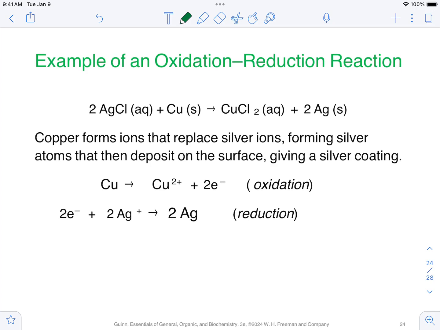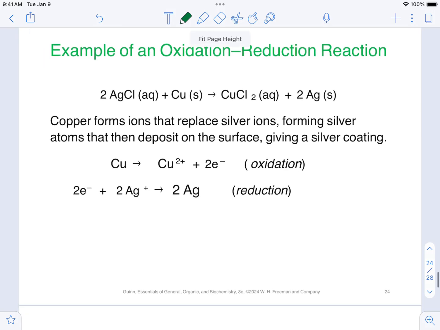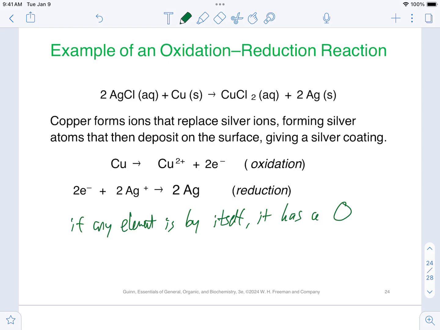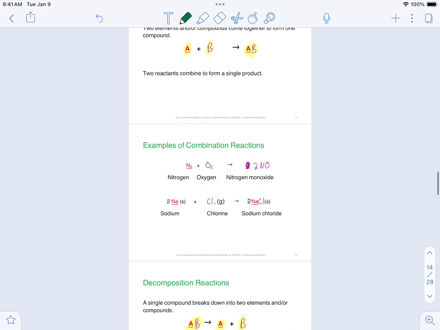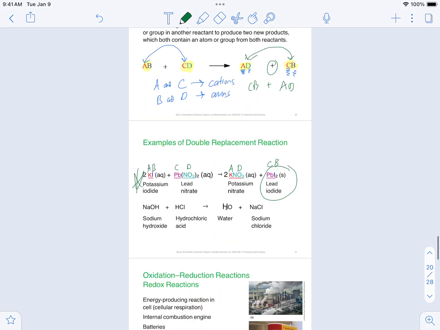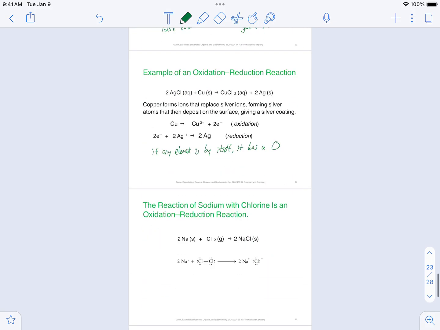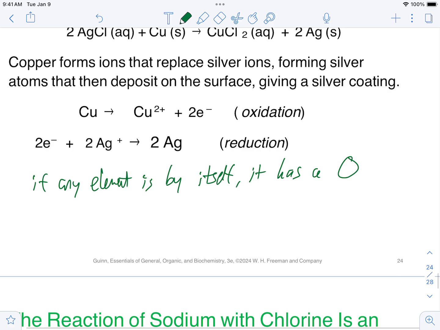You are looking at oxidation numbers in order to help you here. So an important concept here is if any element is by itself, it has a zero, what's called oxidation number.